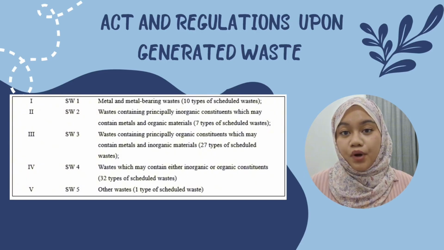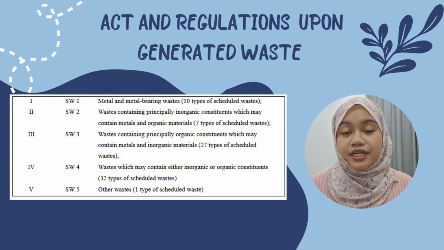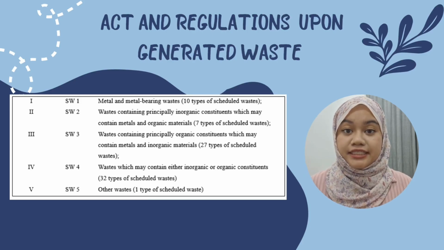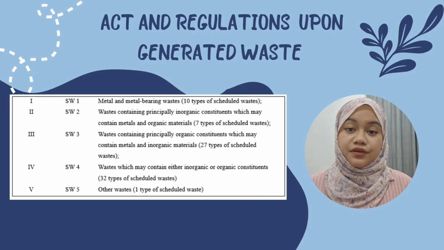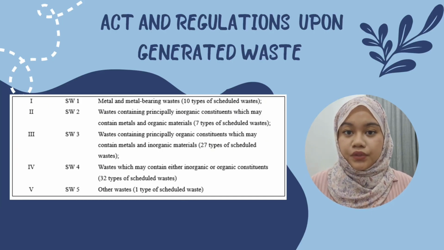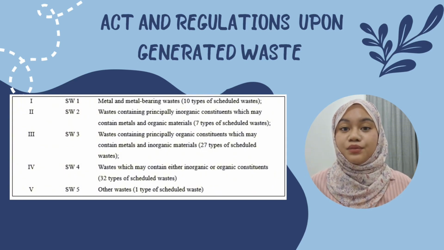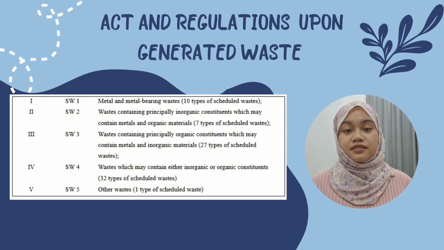Did you know that improper waste disposal can harm the environment? That's why Malaysia has strict regulations for managing scheduled waste under the Environmental Quality (Scheduled Wastes) Regulations 2005. Scheduled waste, or SW, is classified into 5 categories based on its composition and potential hazards.